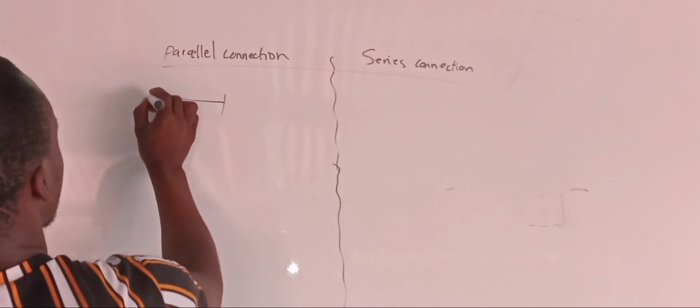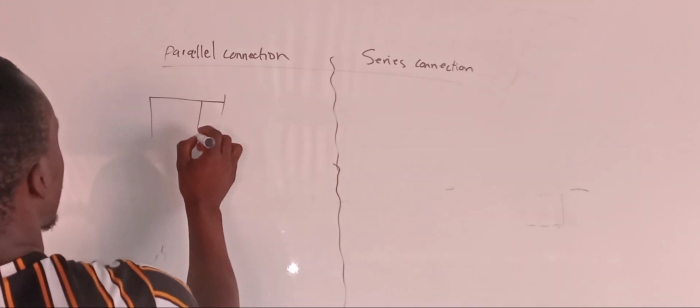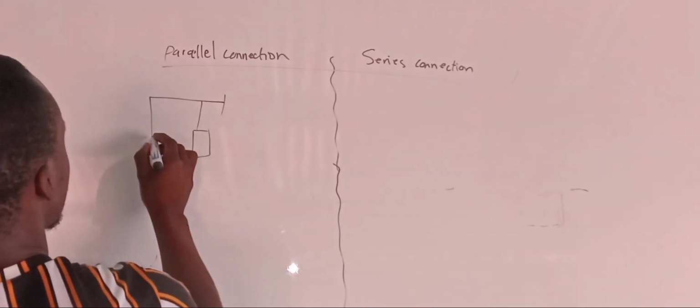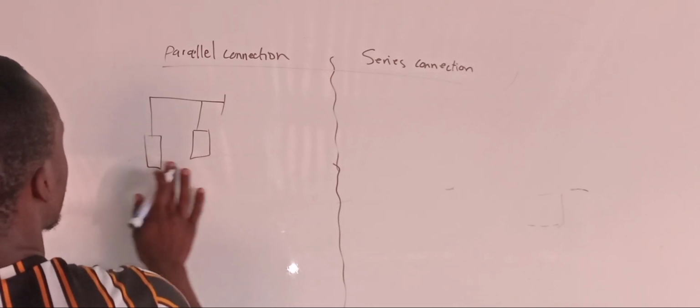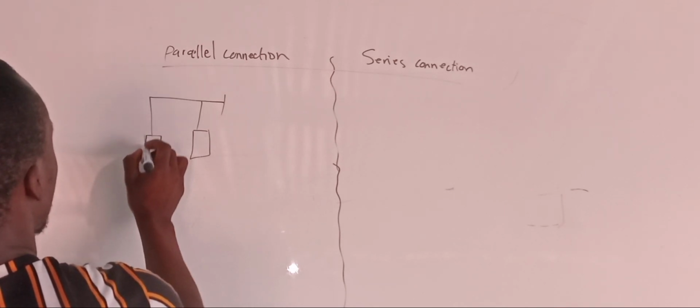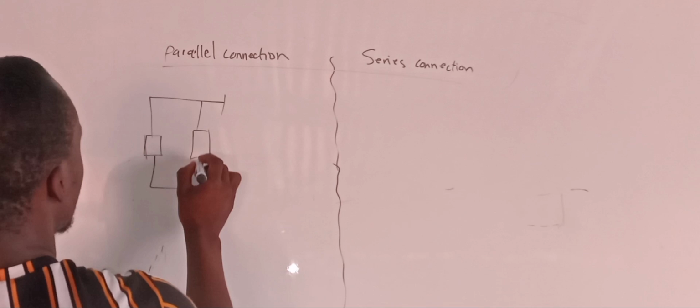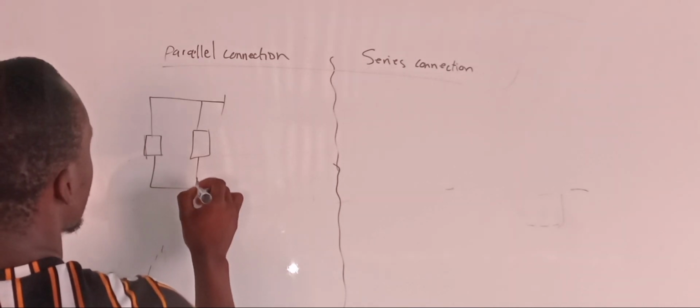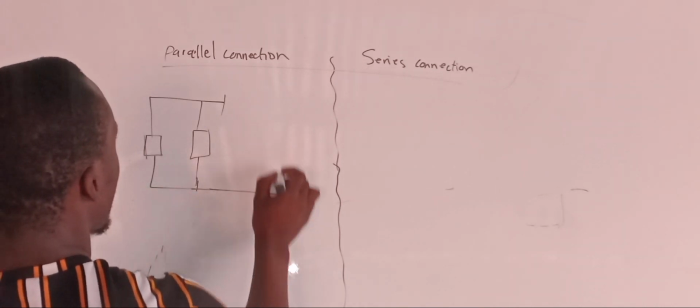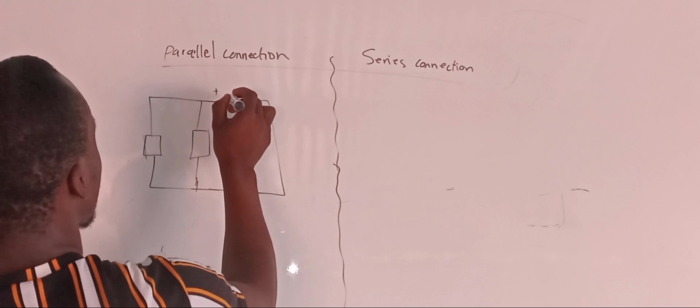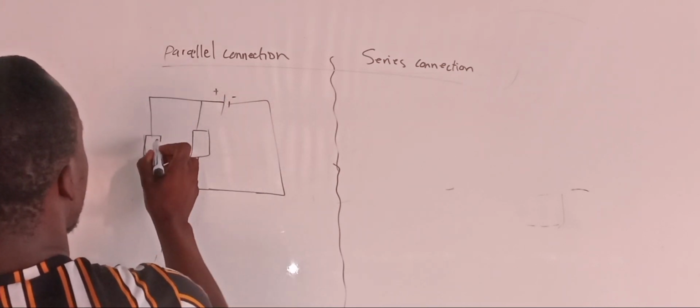Let me say this is connected in parallel, though we haven't yet shown you how to see if a circuit is connected in series or in parallel. But let's assume these ones are connected in parallel.